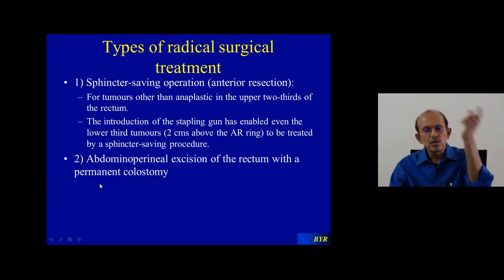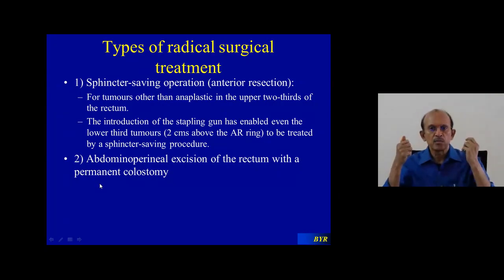Then he has to come to the perineum and operate to remove the anal canal. Once he cuts around all the anal canal sphincters and cuts the levator muscle, then automatically the whole rectum which was separated earlier in abdominal dissection can be pulled out through the perineum.